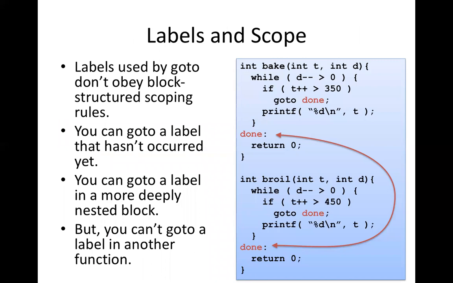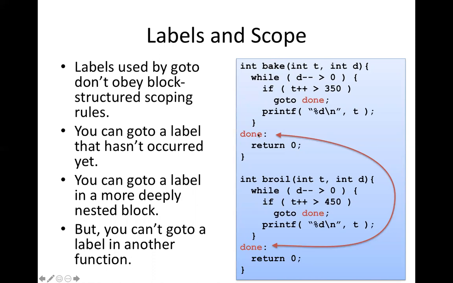All right, since gotos only work within a single function, the scoping rules for labels, if you think of them as having a scope, where can I talk about a label, are different from any other parts of the language. A label can be anywhere in your function and you can jump to it from anywhere else in that same function. So this done label up here is in the scope of this goto.